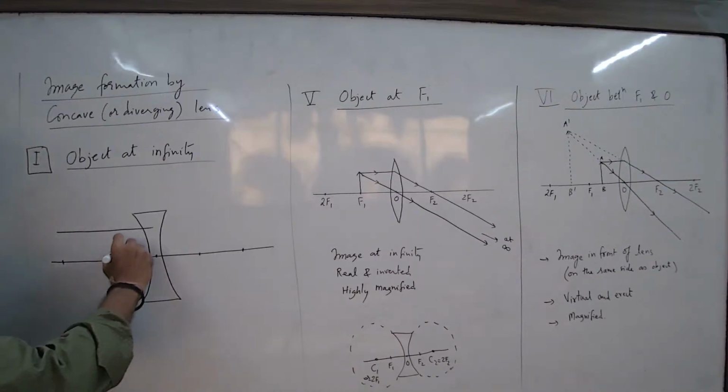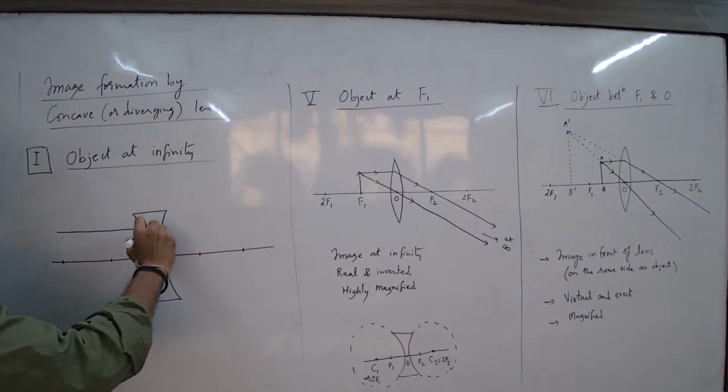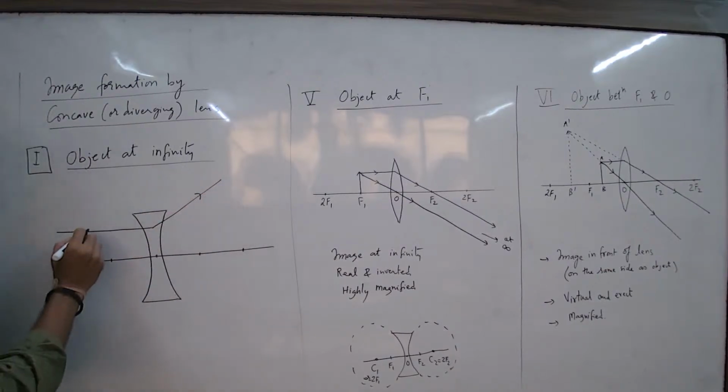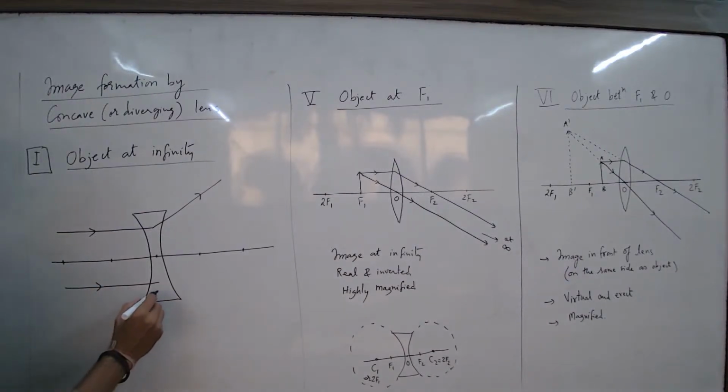It will go away from focus, right? That's why its name is diverging lens. It goes away from focus. Likewise here, it goes away from focus.